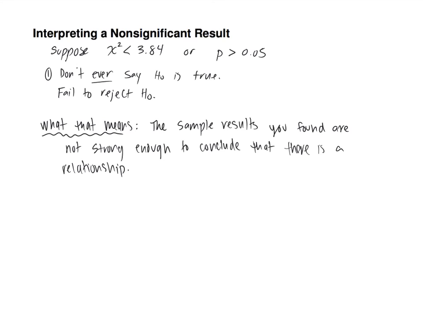It also means that the observed relationship is not unlikely if the variables are unrelated.